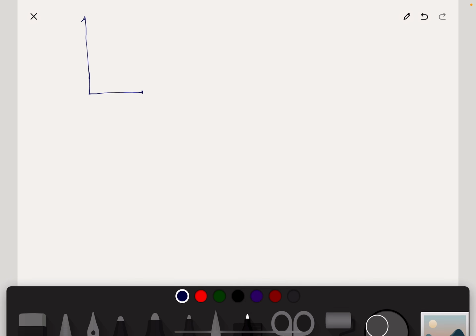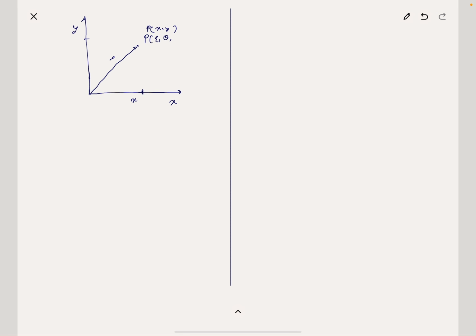One minute, let me draw a line here. Okay, here x and y, x distance and y distance, here is point P. P is a function of r comma theta and P is a function of x comma y, and this is say r, this is theta, this is x and say this is y.